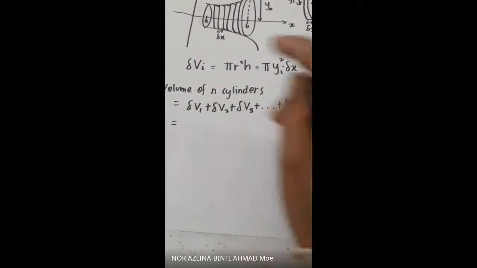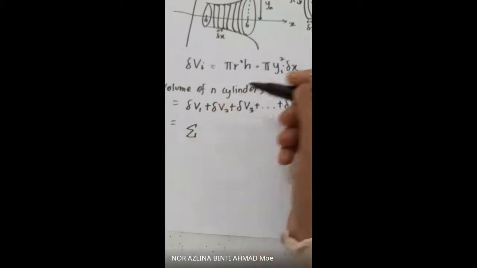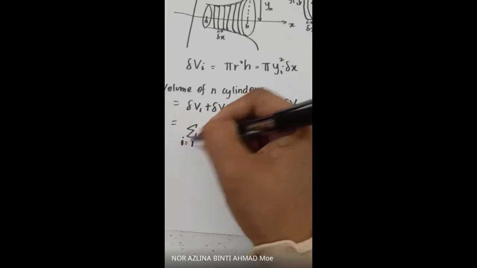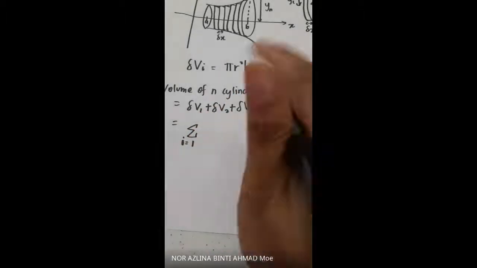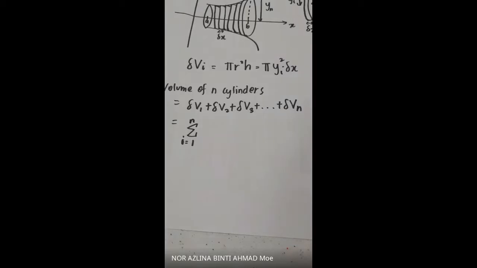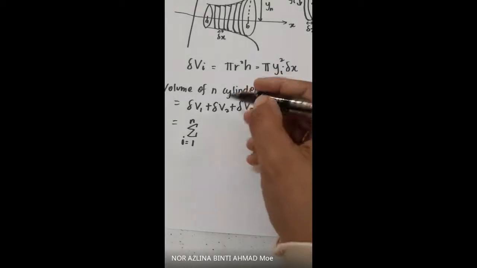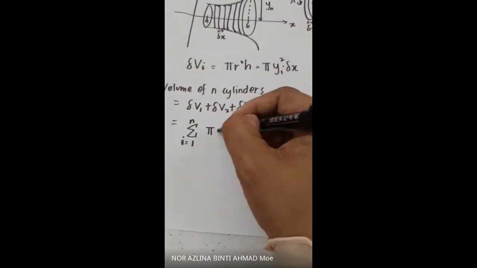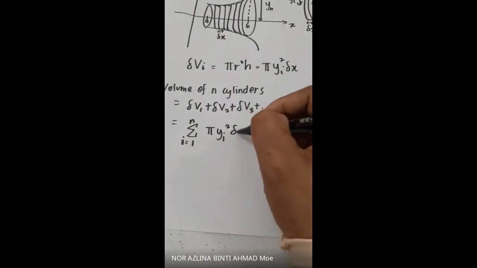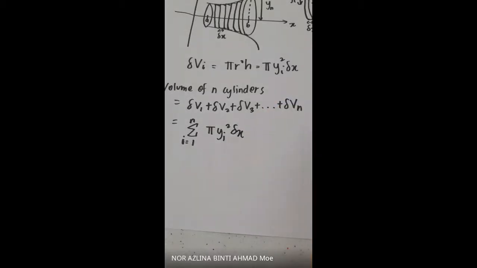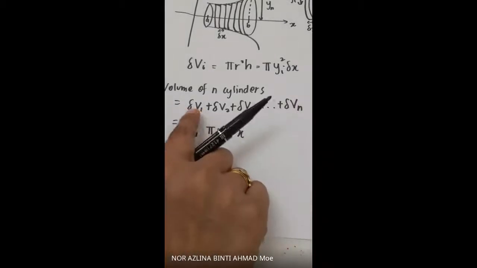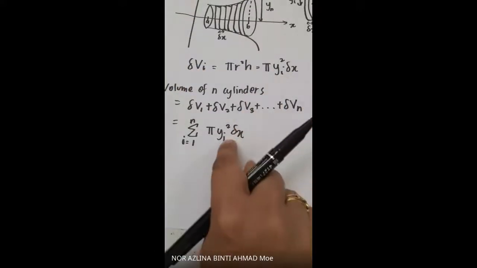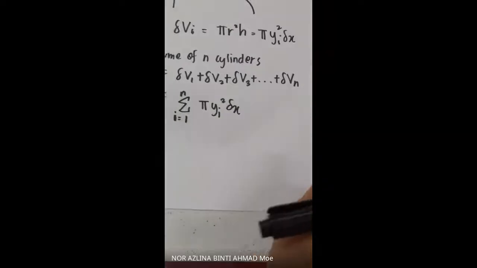Yang ini kita boleh tulis the summation of i start from 1 until N. And delta Vi tadi adalah pi yi squared delta x. Ini ambil mana? Ini adalah rumus delta V tadi, delta V dalam sebutan i.